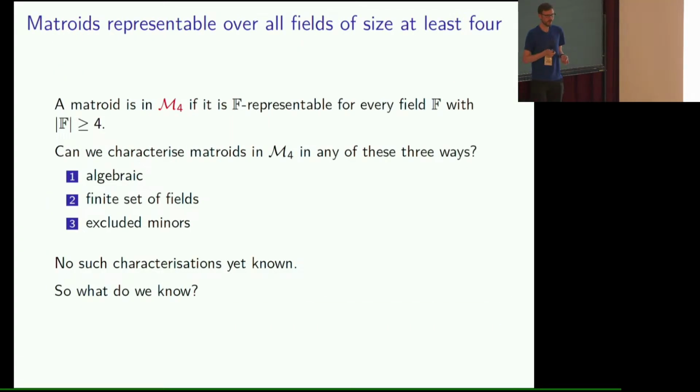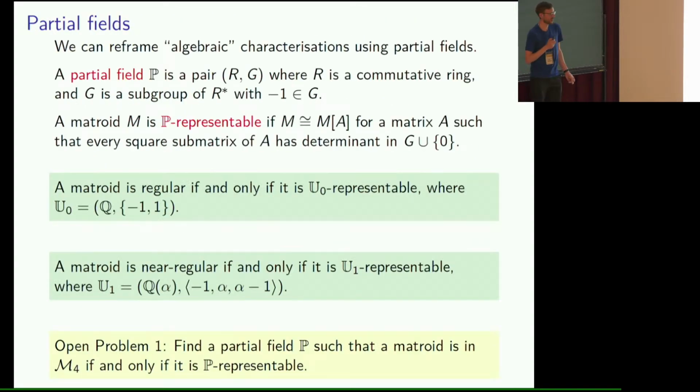So Jeff's talk mostly sidestepped the issue of talking about partial fields. I'm going to face them more head-on. If you haven't seen the notion of a partial field before, you can think about them as being a structure that we use in order to capture this notion of an algebraic characterization. So what I'm going to do is consider a pair (R, G), where R is a commutative ring. This is our algebraic structure that we're working over.